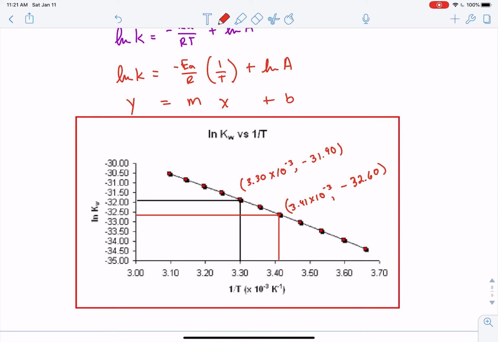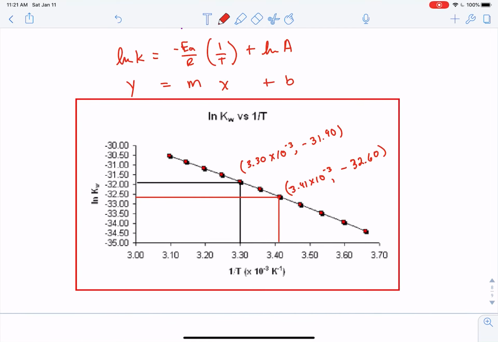So we calculate the slope of that. Rise over run. So this will be negative 31.90 minus negative 32.60 over 3.30 times 10 to the negative 3 minus 3.41 times 10 to the negative 3.